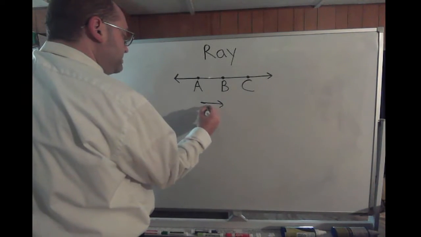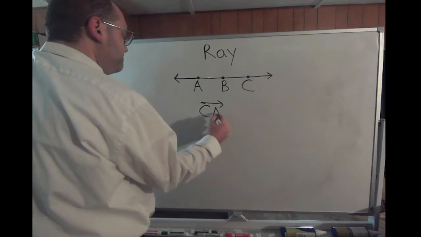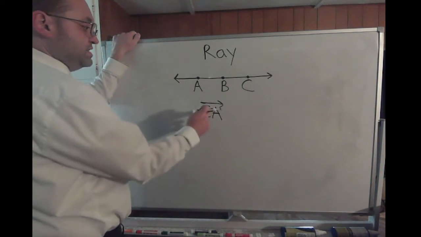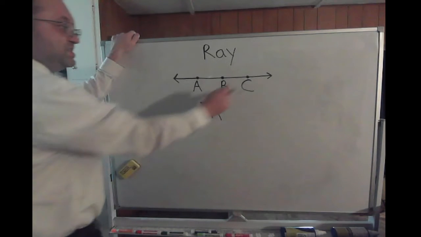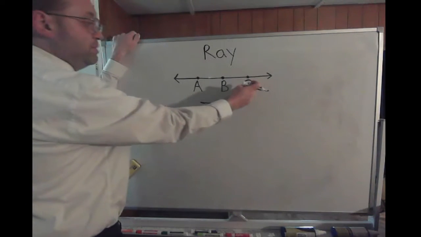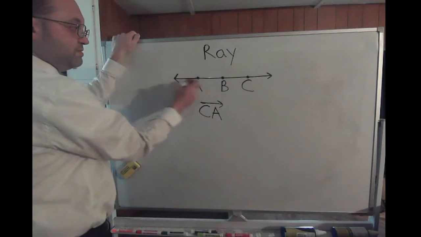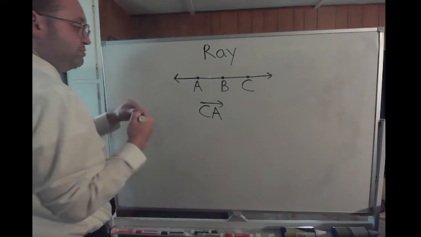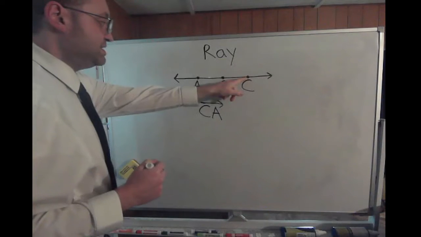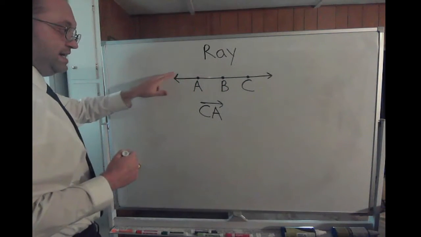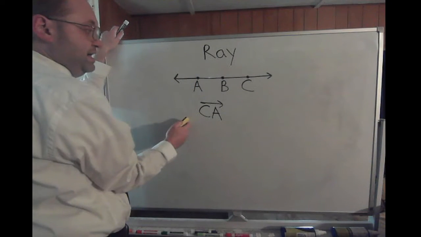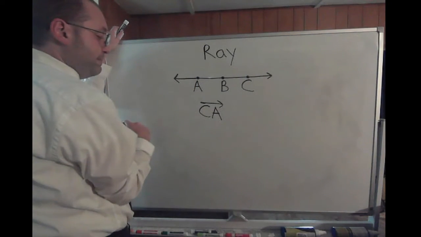You could do an opposite ray where you have CA. This time C would be your starting point, and it would keep going to the left towards A and everything to the left of A. So that would be ray CA if you started at C and kept going further left past A. So you can pick rays apart on lines too. It does work that way.